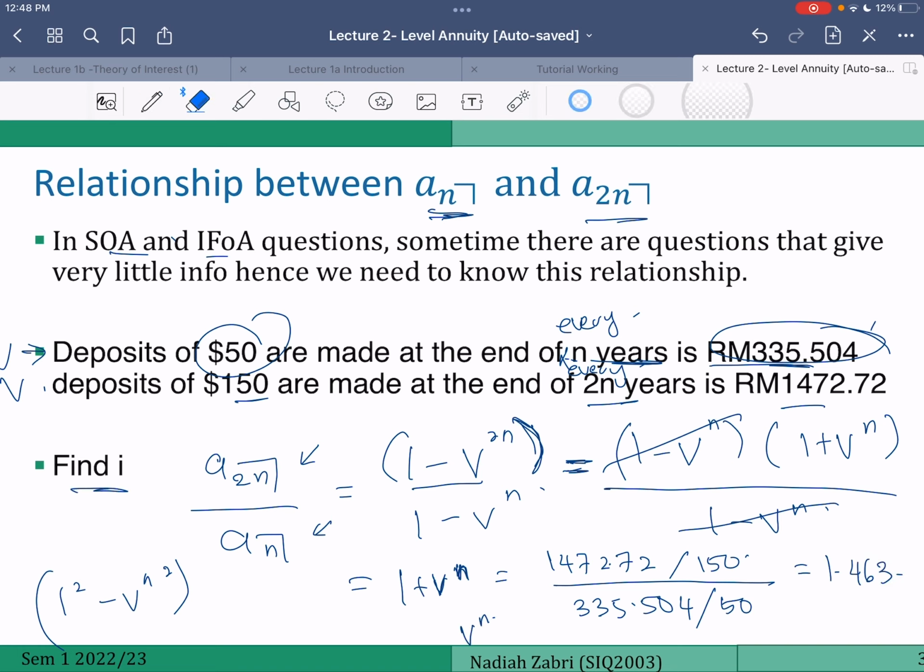Okay, so 1 plus V to the power of N is equal to 1.463. And so we know V to the power of N is 0.463.